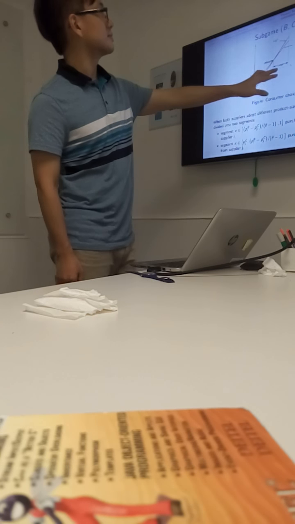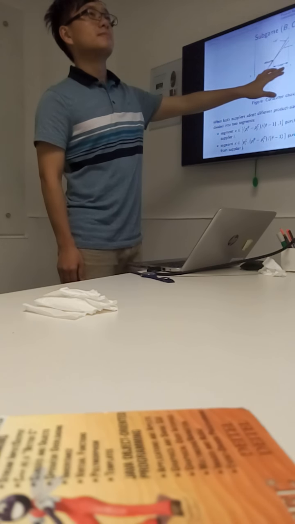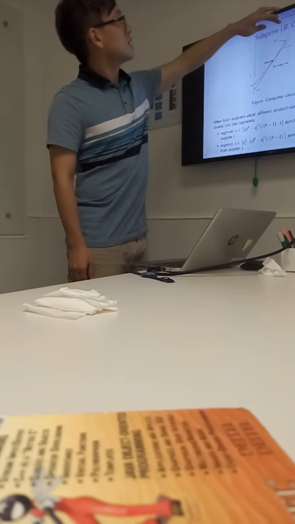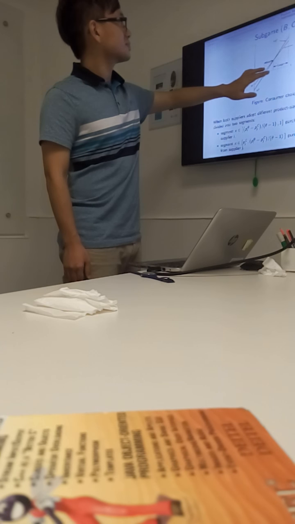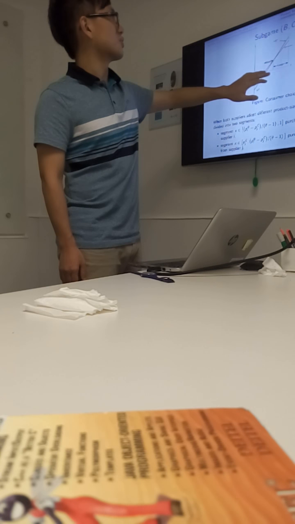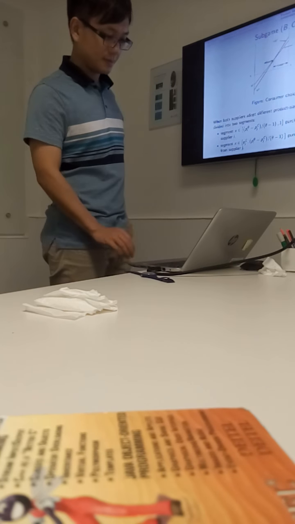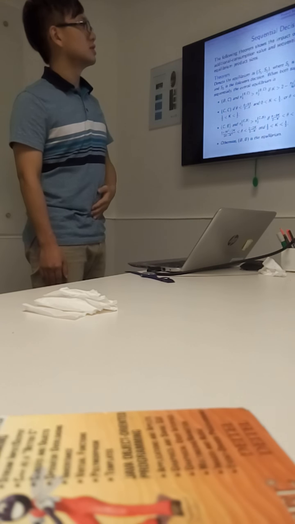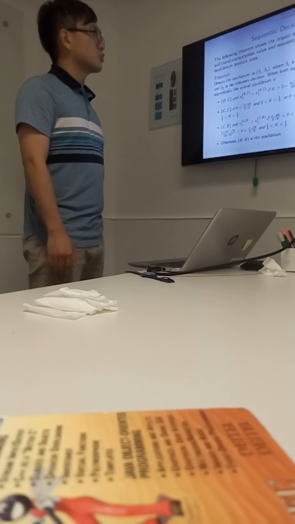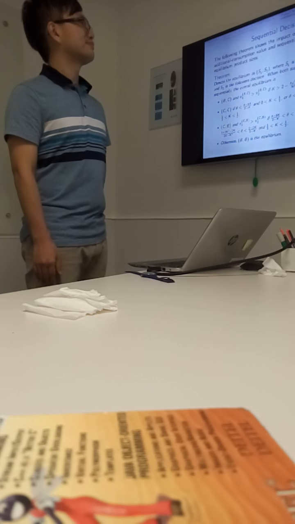That is, the higher-end consumers will purchase the product of the large product firm, while the low-end consumers will purchase the small product from this firm, purchase the product from the small product firm.